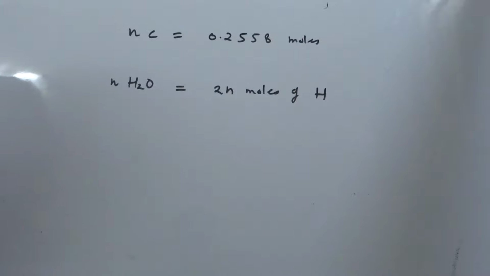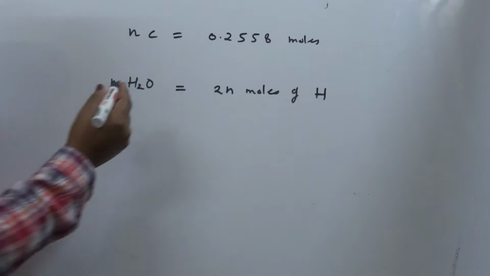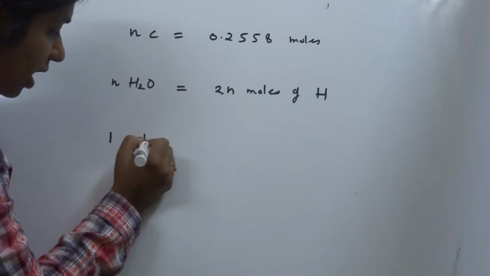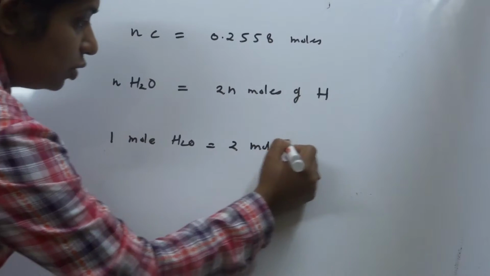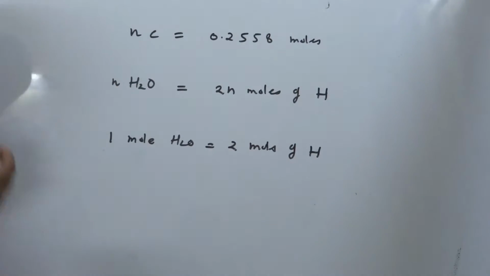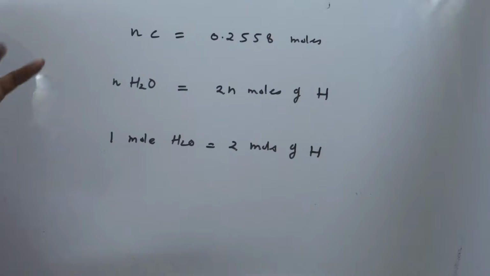Because why? Because water has 2 hydrogen atoms. 1 mole of water is equal to 2 moles of hydrogen. That's why if we multiply the moles of water with 2, we can get the moles of hydrogen in the original sample.